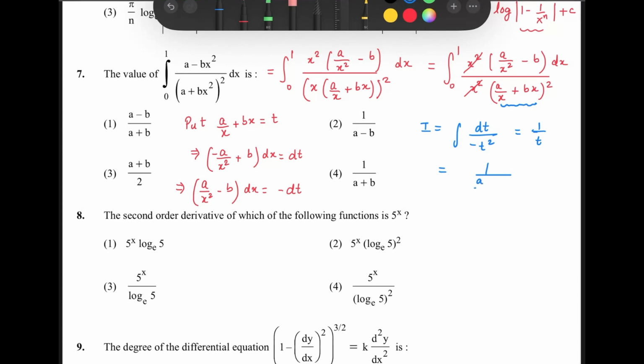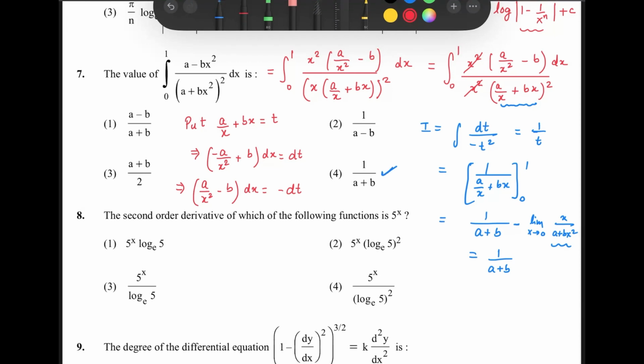For t, a by x plus bx, at 1 I get 1 over a plus b minus, and I cannot put 0 here, right? What if I put 0 here? Then I have to take the limit as x approaches 0. So this will be x over a plus bx square, and this limit is nothing but 0. So finally I'll get 1 over a plus b, which is option 4, the correct answer.